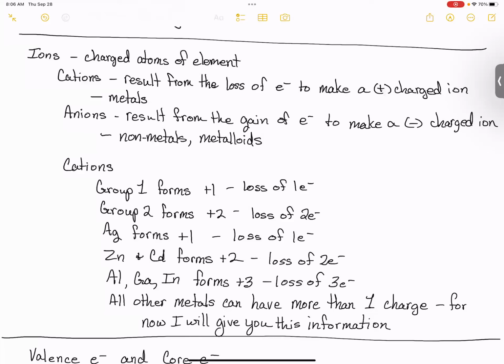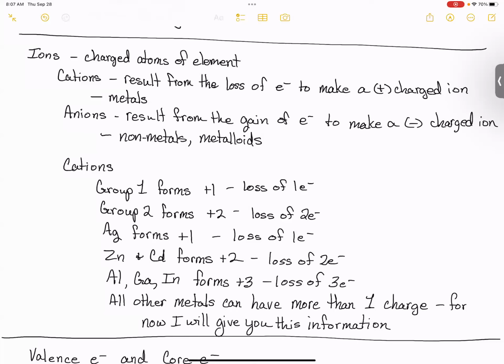Now, in memorizing the charges that they form, one way you can do that is to understand that it does form this nice, neat staircase. And it just so happens that the charge it forms is equivalent to the number of elements in that particular step. So in silver, there is only one element in that step, and that is silver. It always forms a +1 charge. With cadmium and zinc, there are 2 elements in that step, and they both always form a +2 charge.